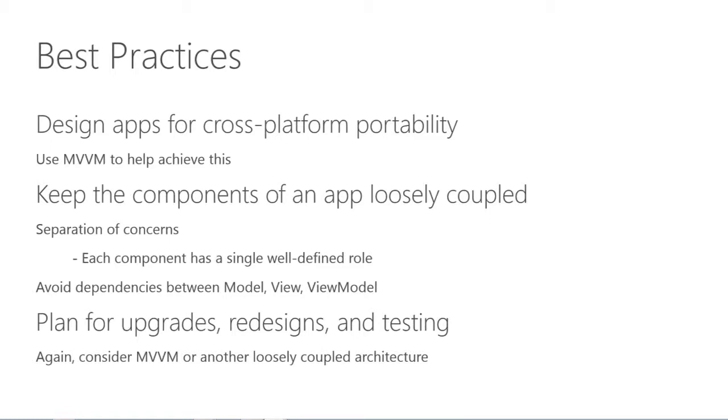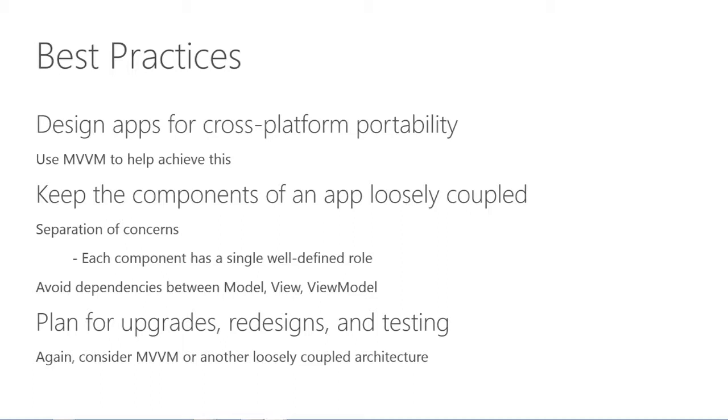So, some best practices for MVVM. These are kind of generic, so as you get into MVVM, you'll start adopting these to your own needs. Design your apps for cross-platform portability. Even if you are building an app today that would be only Windows Phone 8, keep in mind that at some point you may decide to make it a Windows 8 app.